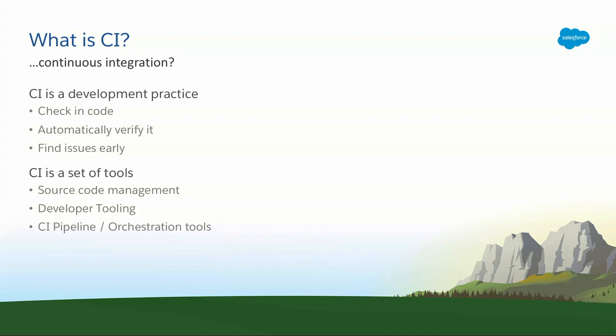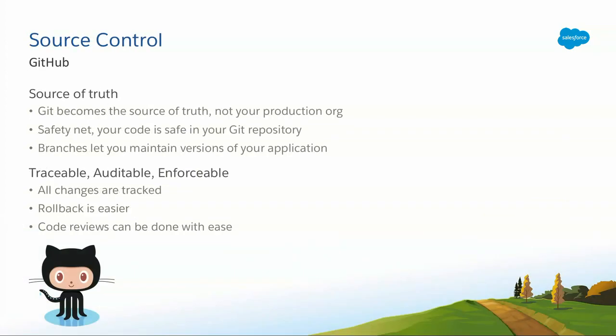So let's talk a little bit more about these individual components. So source control. Some of you are probably familiar with it, and some of you maybe are using it right now. In this case, I'm talking about GitHub, but any Git source control is applicable here. When you use source control, that becomes your source of truth. Your development is no longer org-centric.